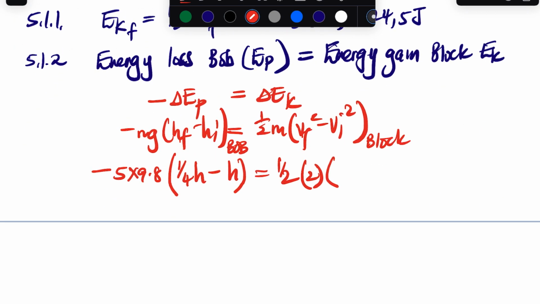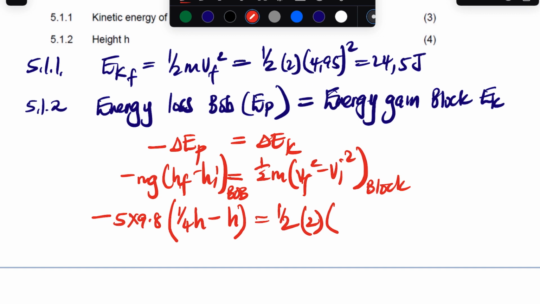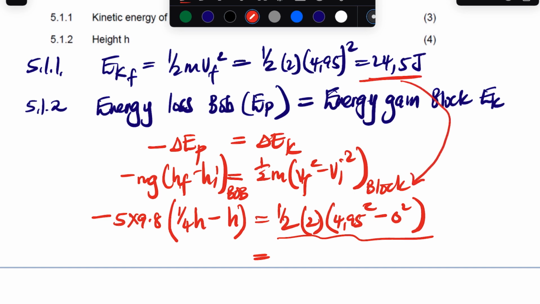So the final velocity is 4.95, squared, minus the initial, which was 0. If you punch it in the calculator, half times that gives you the kinetic energy, which is 24.5.